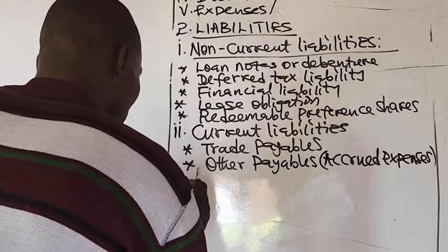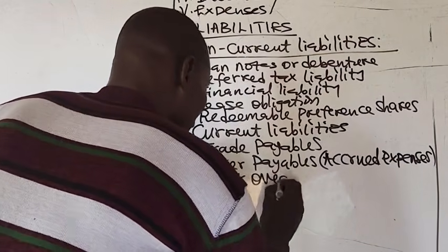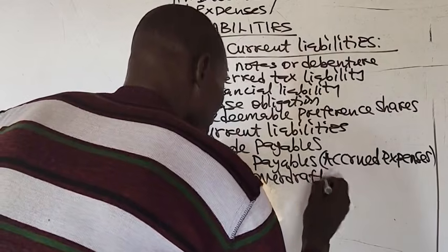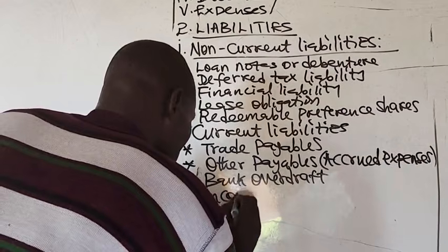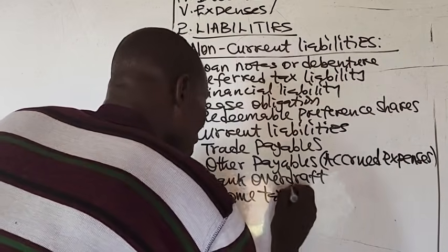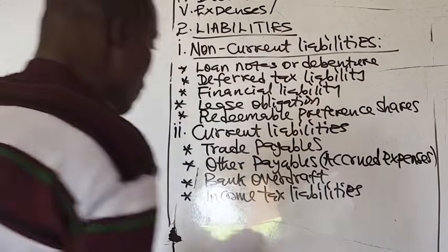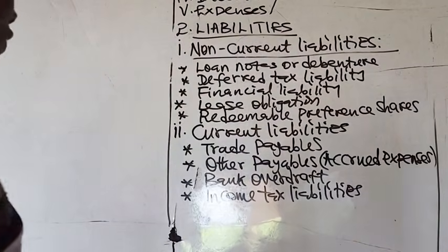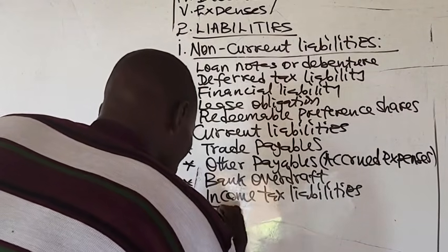Then we also have bank overdraft. Then we also have income tax liabilities. These are some. Then we also have financial liabilities that are due for settlement within 12 months.